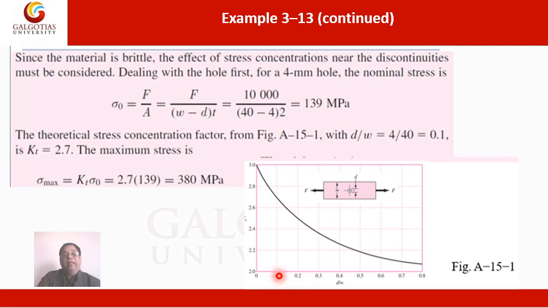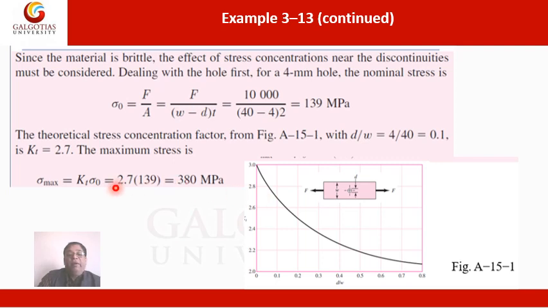Then you will move vertically upward to locate the stress concentration factor. This will intersect the curved line here. Then draw a horizontal line, and here you will find the value of Kt. On the y-axis the Kt value is given, that is 2.7.